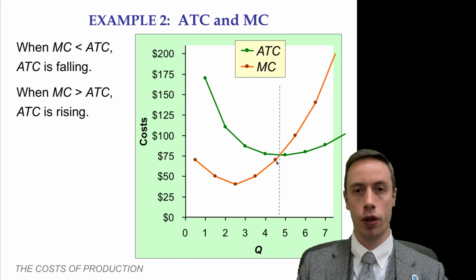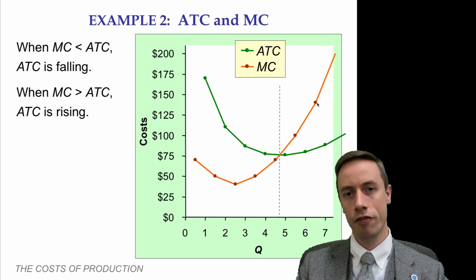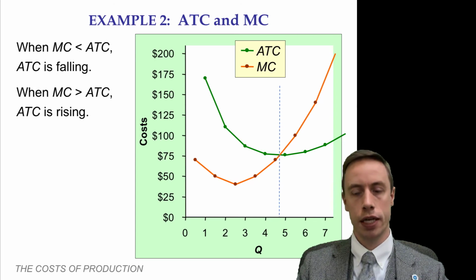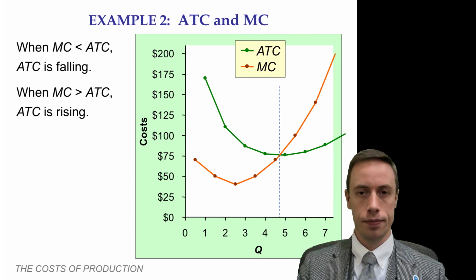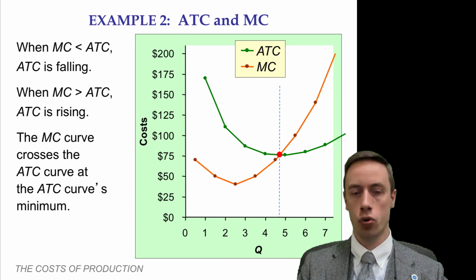So that's units 1 through 5. And then you will not produce any unit that has above average cost, units 6 and 7. That's why marginal cost intersects average total cost near or at average total cost curve's minimum.